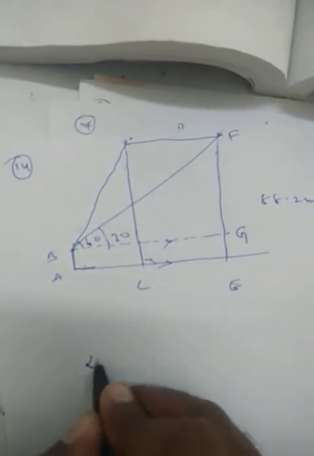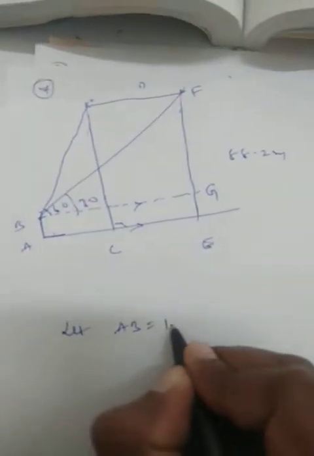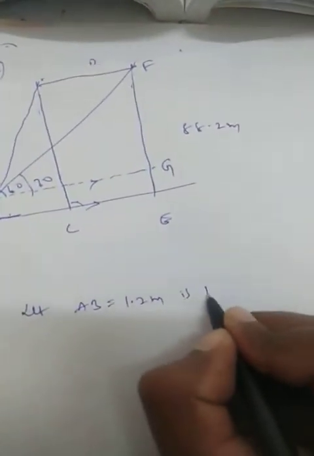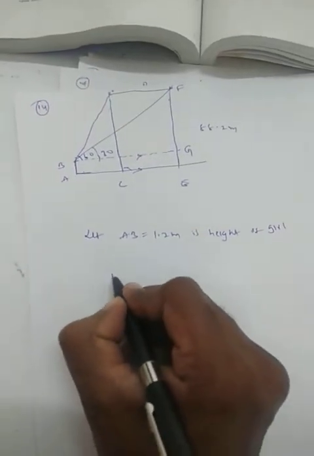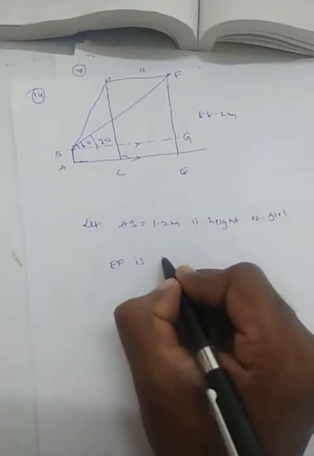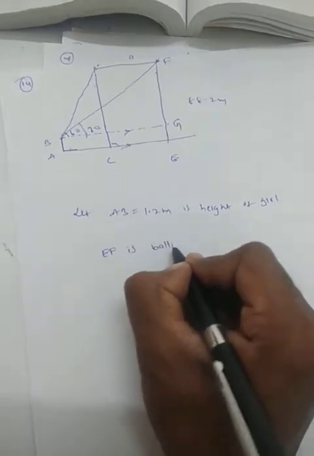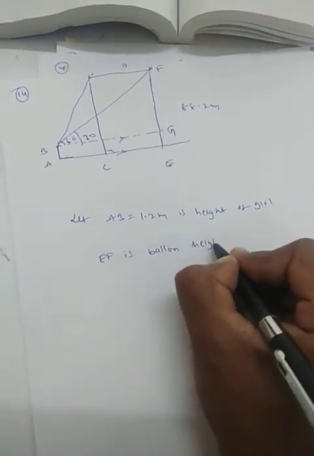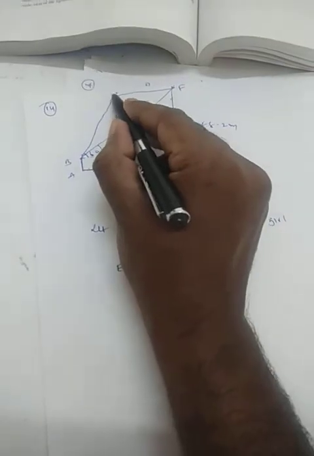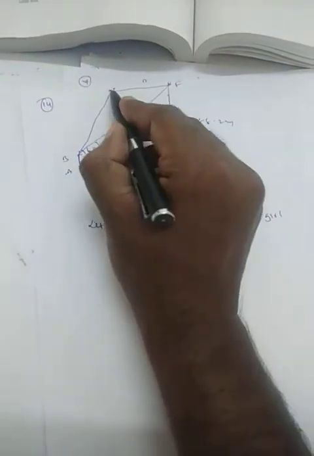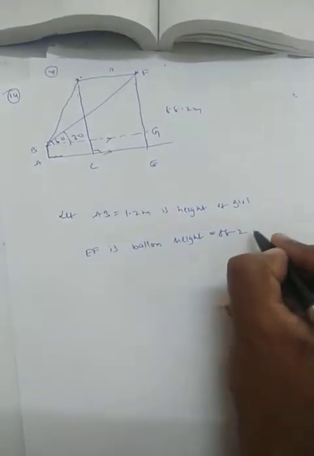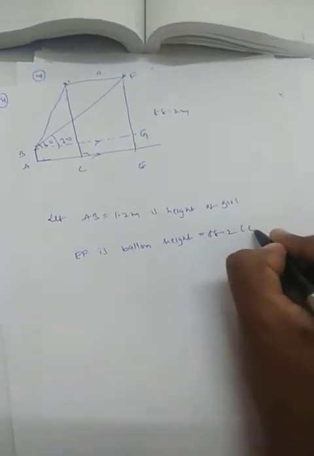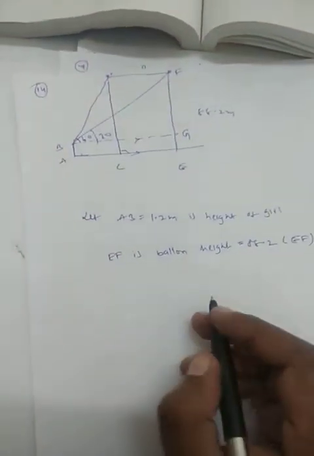Let AB equal 1.2, the height of the girl. Next, EF is the balloon height. Actually, the balloon is flying at constant height only. Here it is the balloon and here it is the balloon. It moved like this, but there is no change in height. Constant height, 88.2 meters. So EF is the height of the balloon.